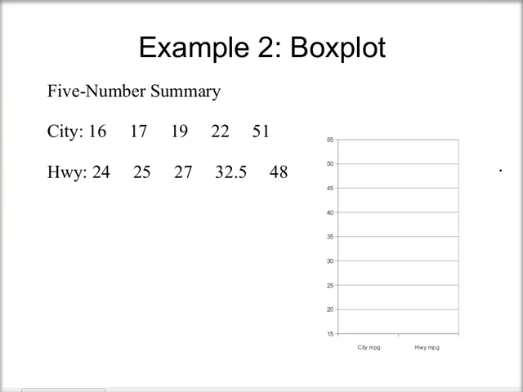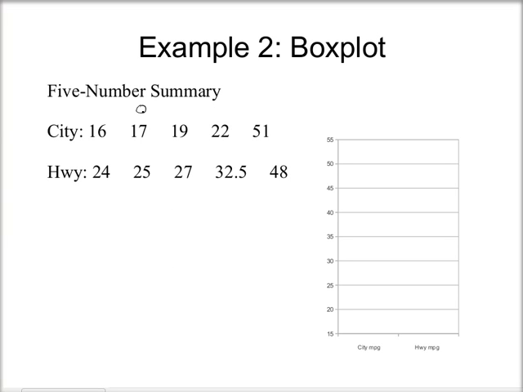So let's go back to our example, and we'll draw a couple for our chart with the mileage of the cars. So here I've copied my 5-number summary for the city miles per gallon, and I've also found the 5-number summary for the highway miles per gallon, and we're going to compare the two by drawing both of their box plots. So let's do the city first.